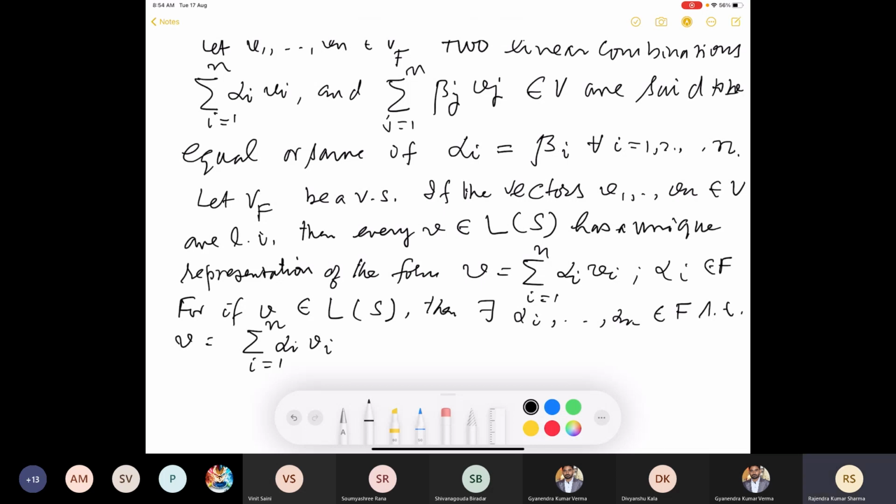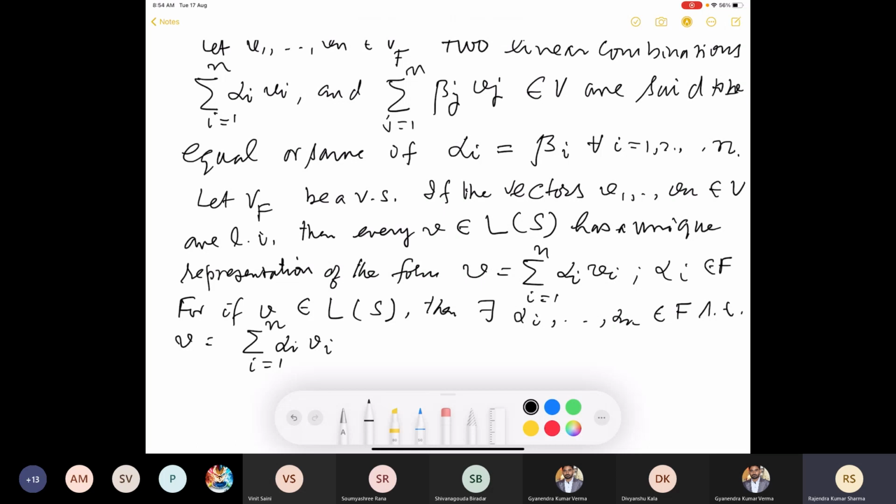We are assuming that the vectors are linearly independent, and we want to show that this linear combination is unique. The representation is already shown, by virtue of its being the linear span.